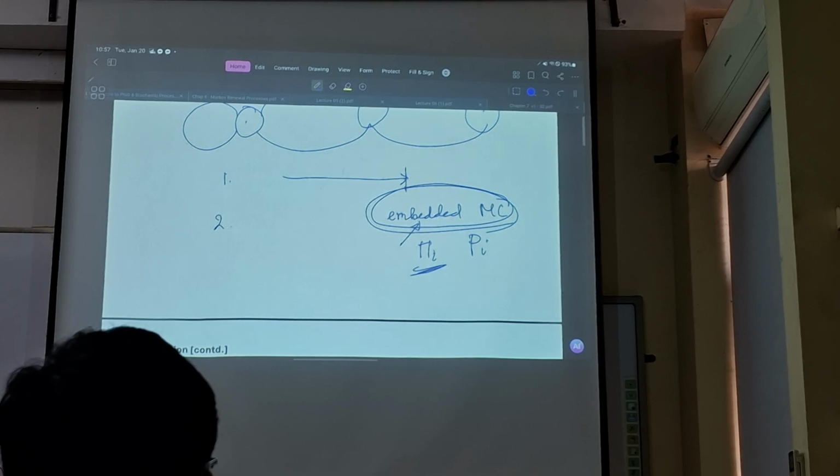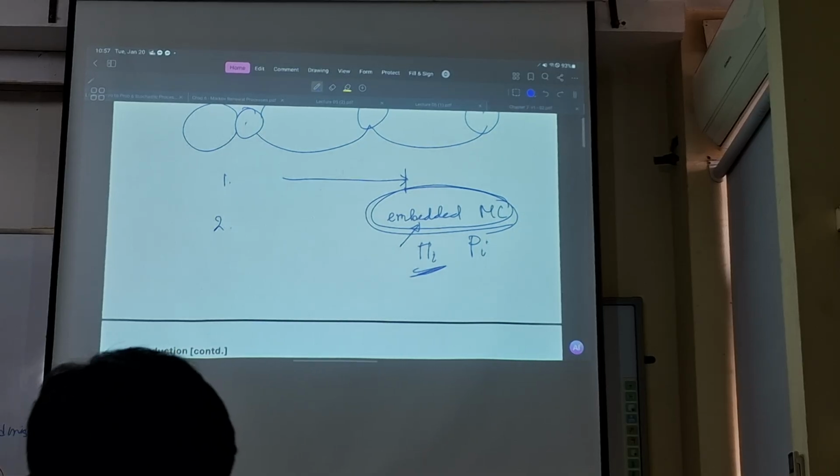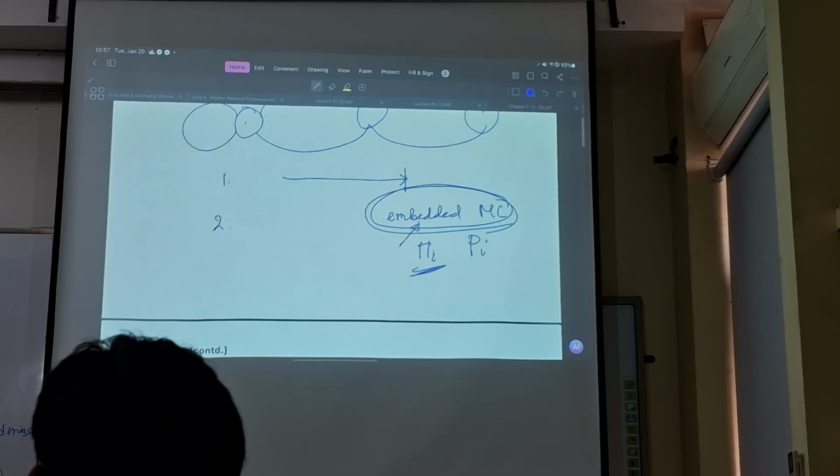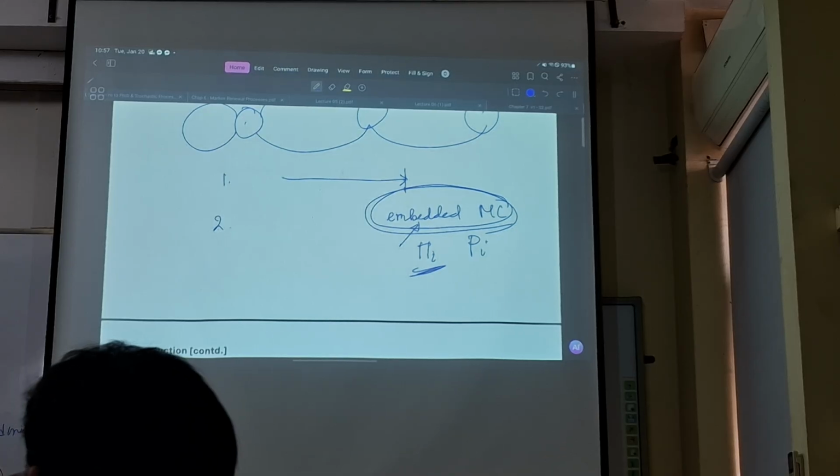Why so? It is not a continuous time Markov chain. Why? We know what is the embedded Markov chain, right? The chain is there where the transition probabilities follow the Markovian property. But the time after which the transition occurs is not exponential, is not geometric.